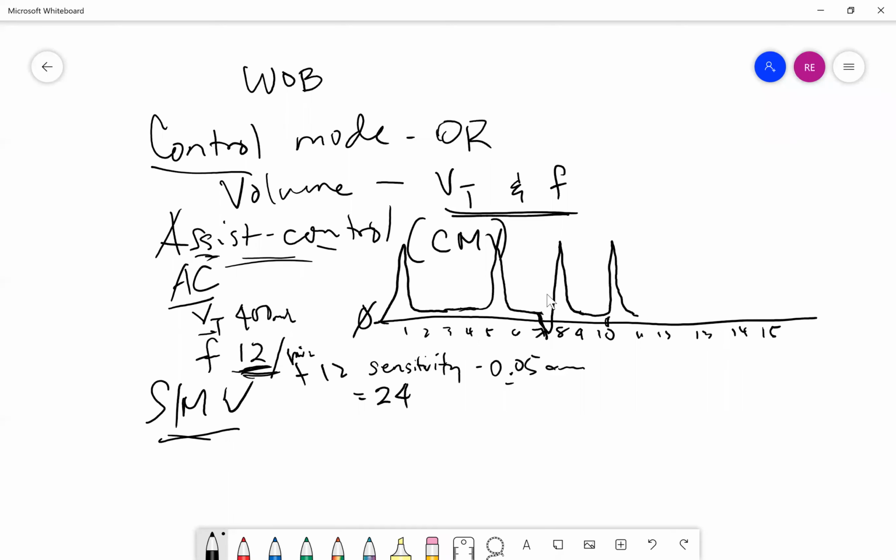If the patient takes a breath too close to the next scheduled one, let's say they take it here, and the vent senses that, the vent gives a breath, psh, and before they can take a full exhalation, it's time for the vent scheduled breath. So without completing the exhalation, they might get another breath here.